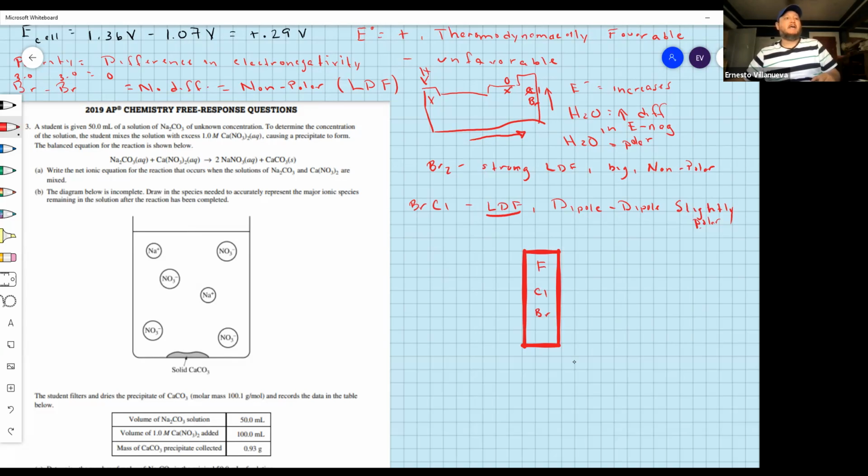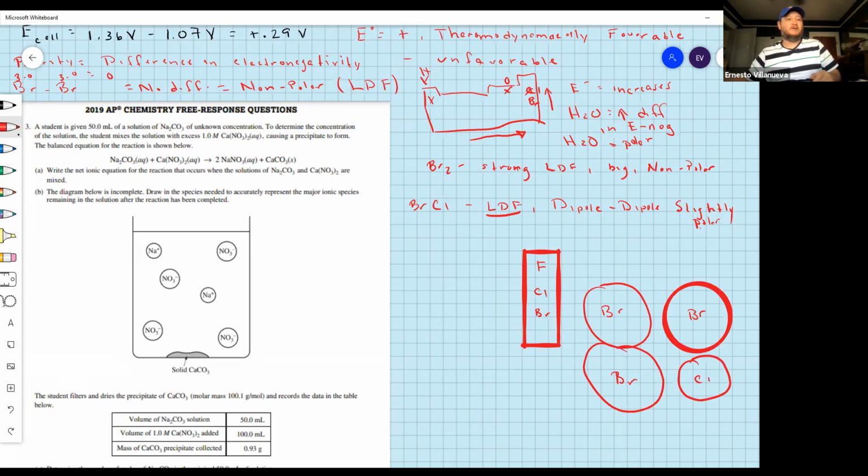When you're looking at bromine to bromine, you're going to have a big cloud to a big cloud. When you have bromine to chlorine, you're going to have a big cloud with a slightly smaller cloud, because chlorine's a slightly smaller molecule. So which one's going to have the overall bigger cloud? Bromine to bromine.